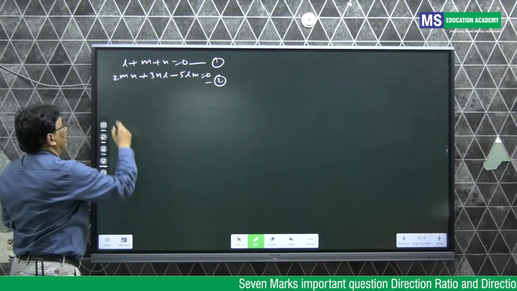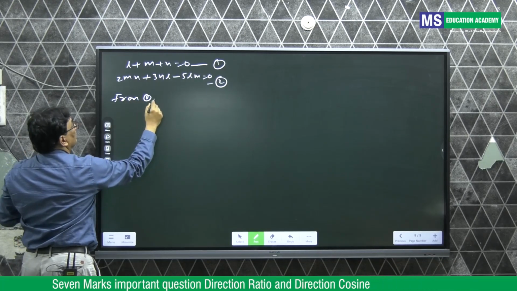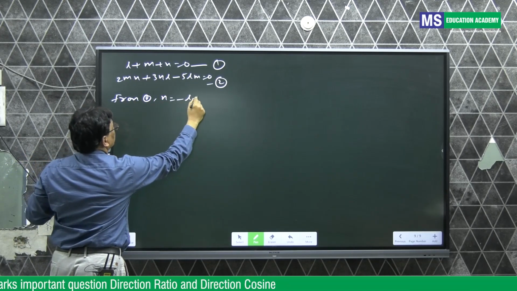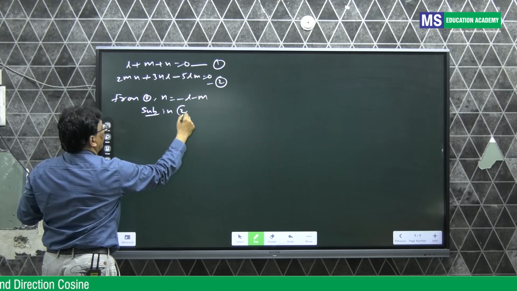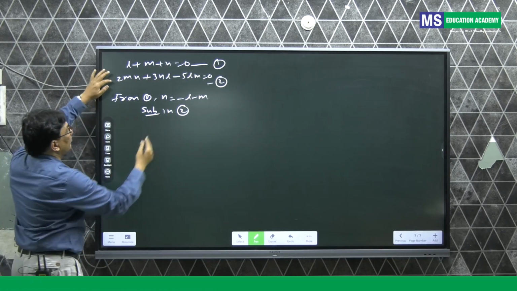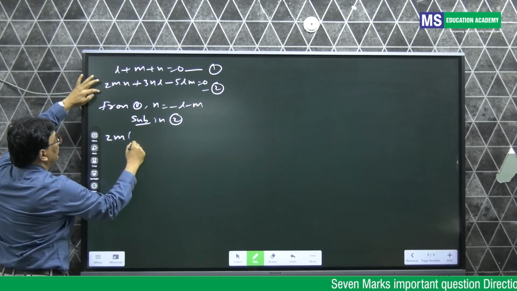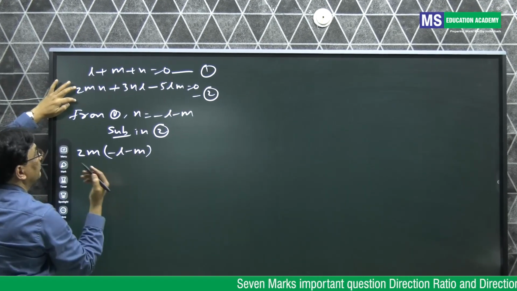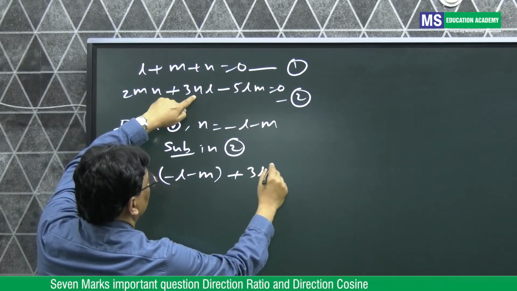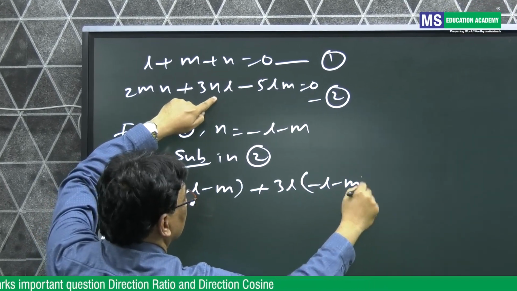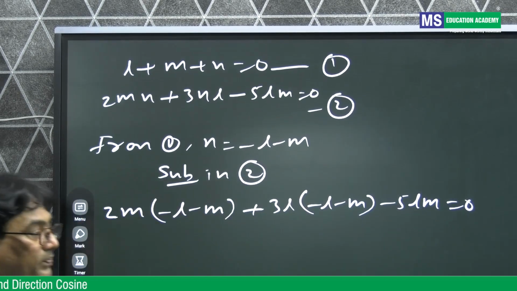That's why when you are solving, first of all, from equation 1, n equal to minus L minus M. Substitute in the second equation, replacing n: 2 into M into (minus L minus M) plus 3 L into (minus L minus M) minus 5 LM equal to 0.